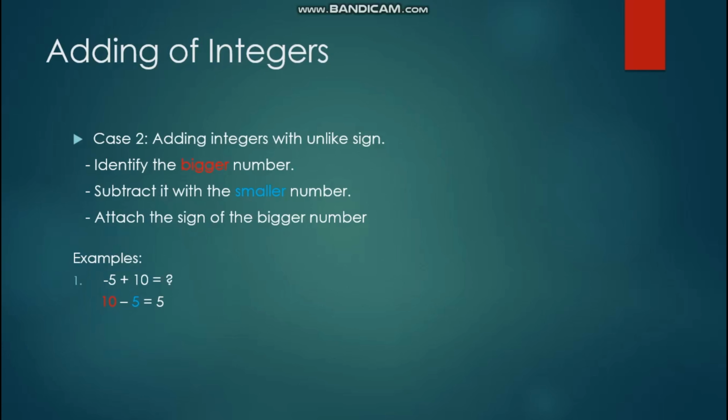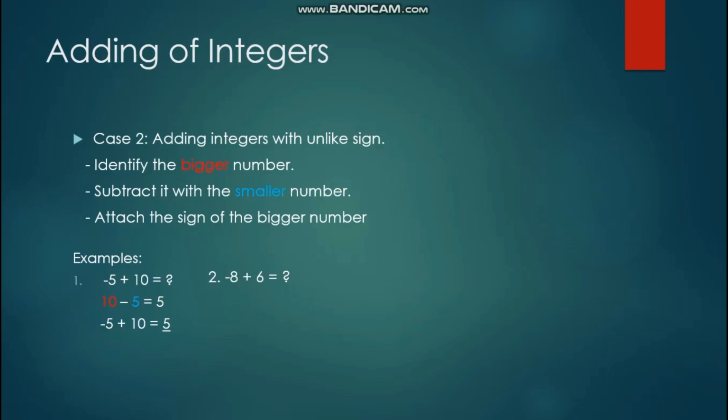Pero hindi pa yan yung tamang sagot. Kasi ayon sa rule number 3, attach the sign of the bigger number. So, ang sign ng ating bigger number dito is positive. So, ang sagot sa equation nating negative 5 plus 10 is positive 5.